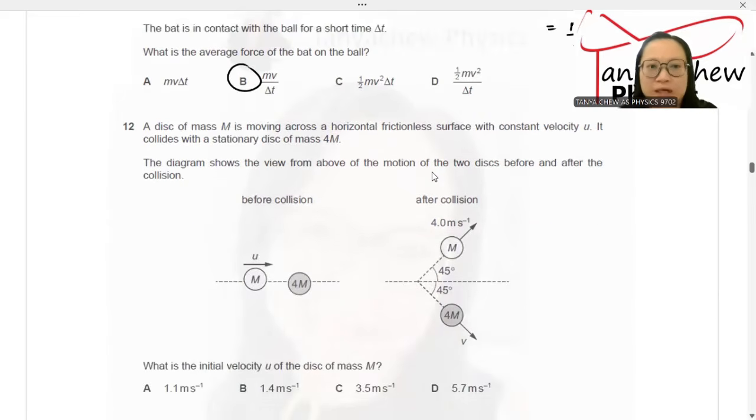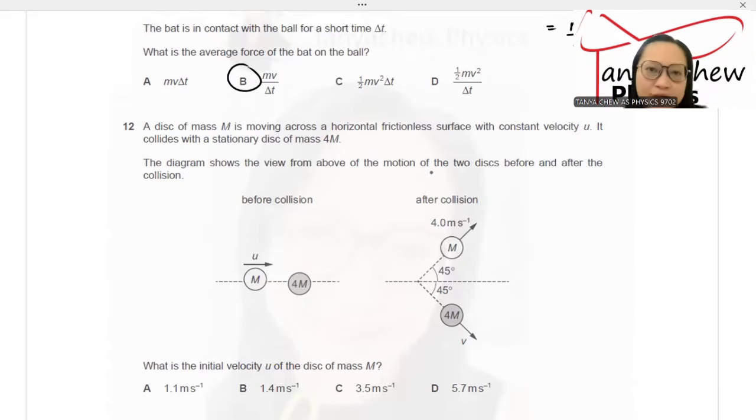Number 12. A disk of mass m is moving across a horizontal frictionless surface with a constant velocity u. It collides with a stationary disk of mass 4m. The diagram shows the view from above of the motion of the two disks before and after the collision. What is the initial velocity u of the disk of mass m?